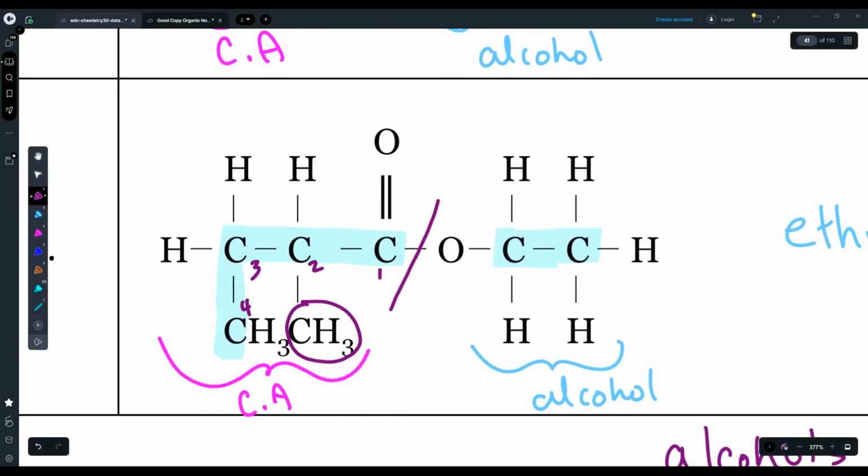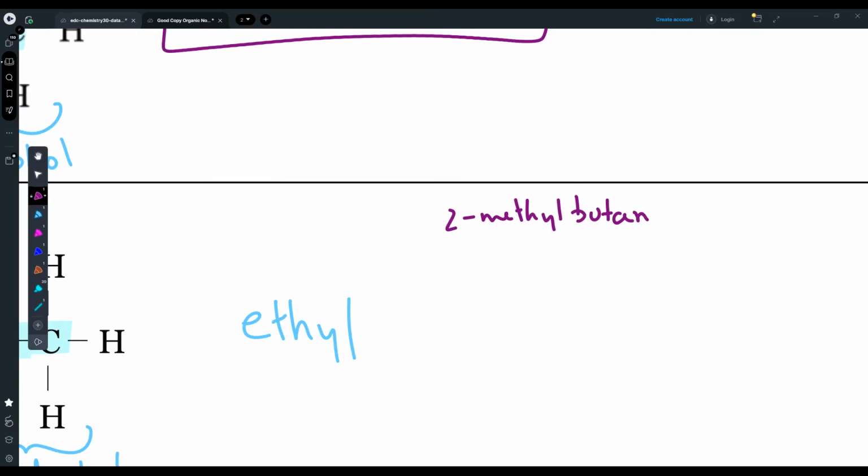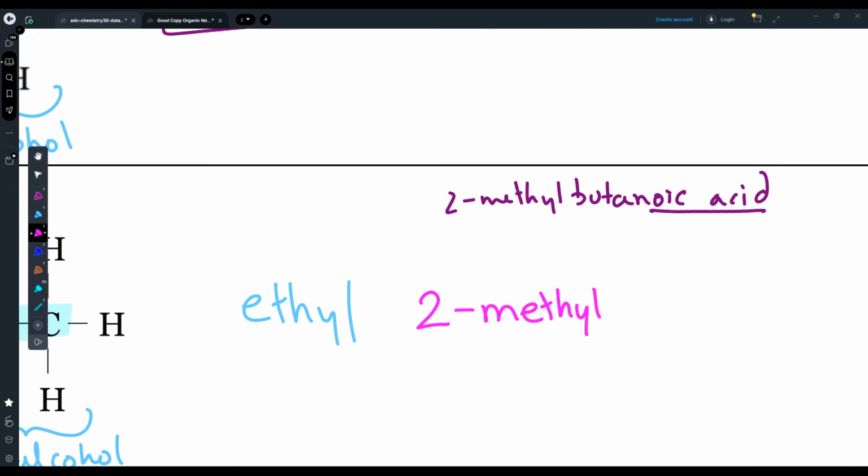Okay, so if I was naming this as a carboxylic acid, I would name it as 2-methylbutanoic acid. But because it's an ester, we drop this oic acid part and change it to oate. Okay, so then that would change this to 2-methylbutanoate.